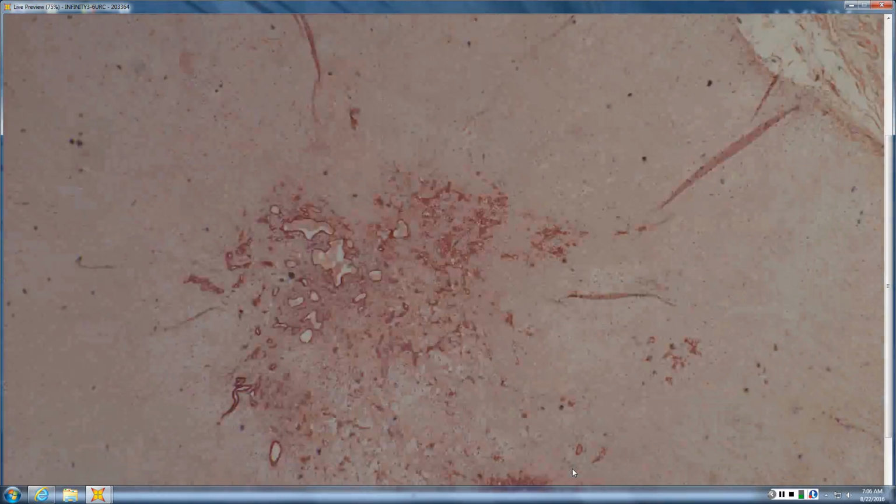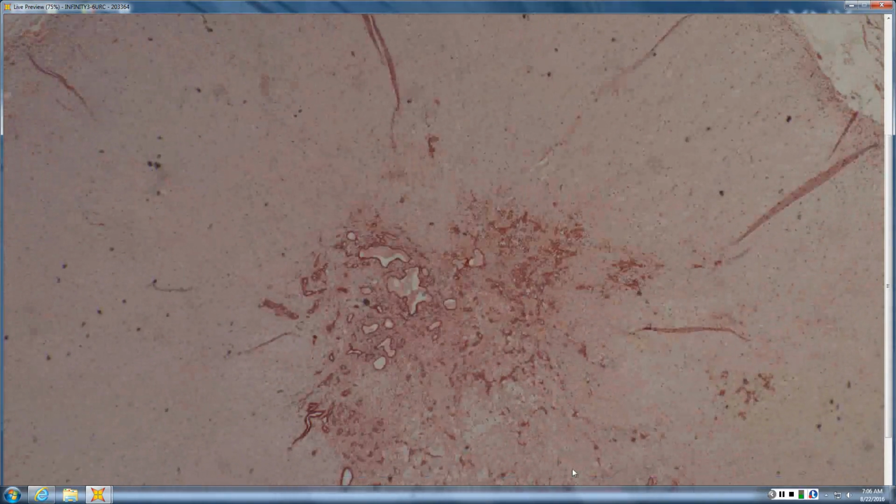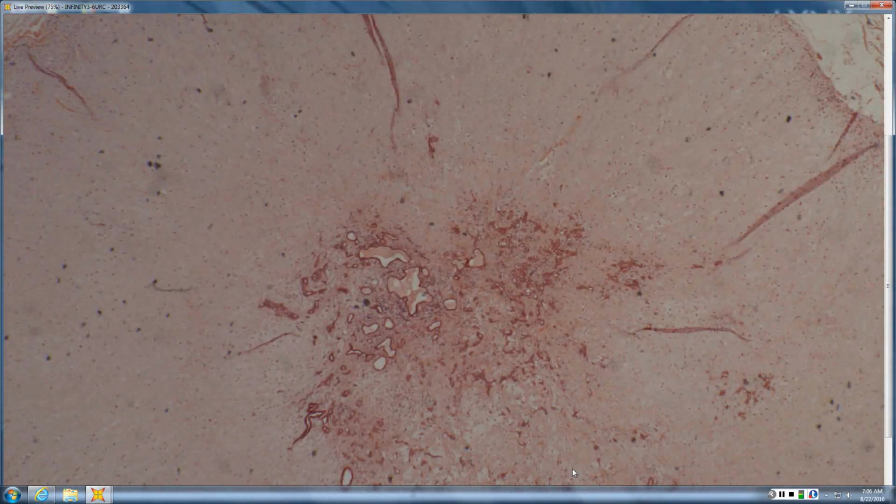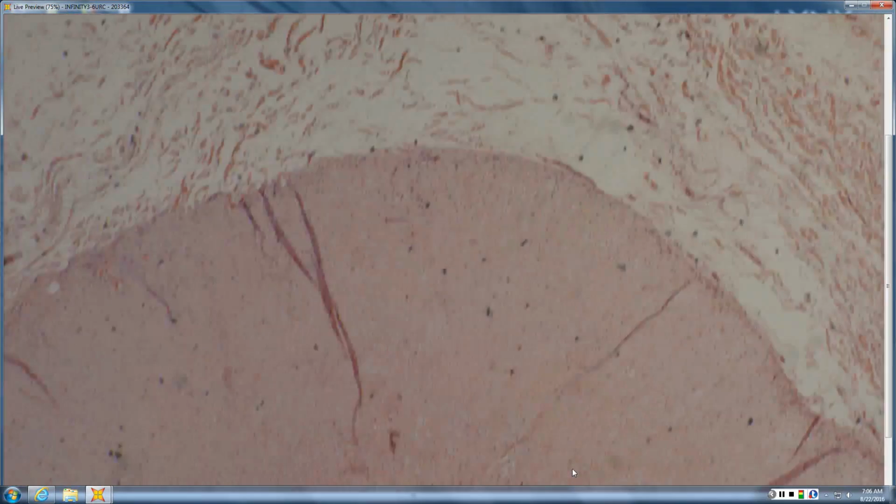Okay, that was number 10. It's 11. So this one that they put in there kind of to compare with a mixed tumor or chondroid syringoma.